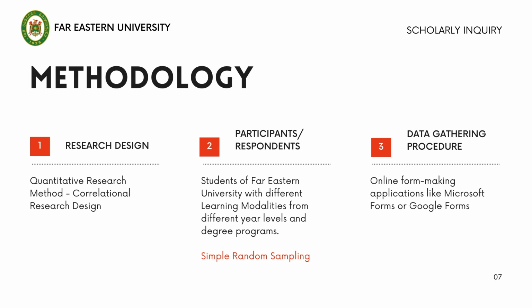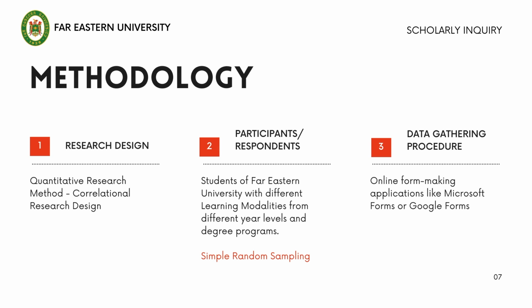The participants for this research will be the students of Far Eastern University with different learning modalities from different year levels and degree programs. The researchers use a simple random sampling technique to produce a wide variety of data samples from different institutes, degree programs, and batches, which will broaden the scope of the data that can represent the FEU population more precisely.